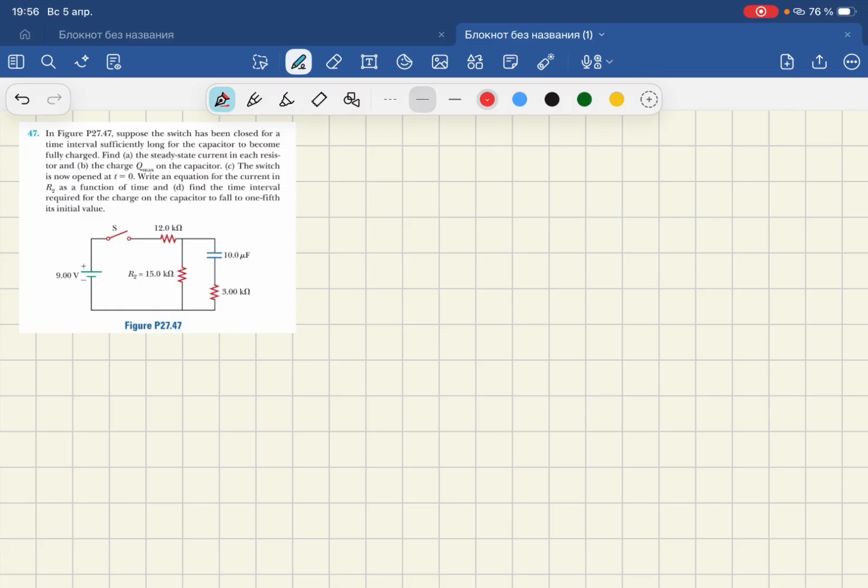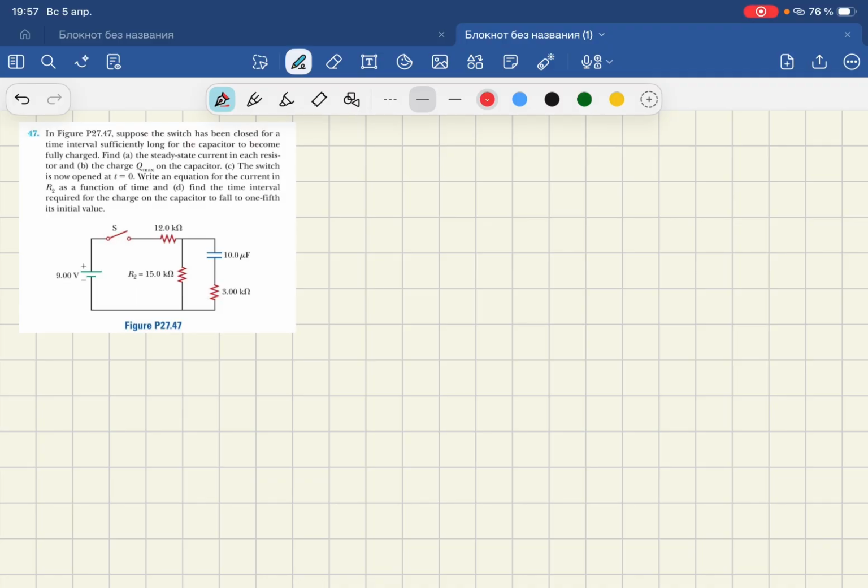In part B, the charge Q max on the capacitor. In part C, the switch is now opened at t equals 0. Write an equation for the current in R2 as a function of time. And in part D, find the time interval required for the charge on the capacitor to fall to 1/5 of its initial value.